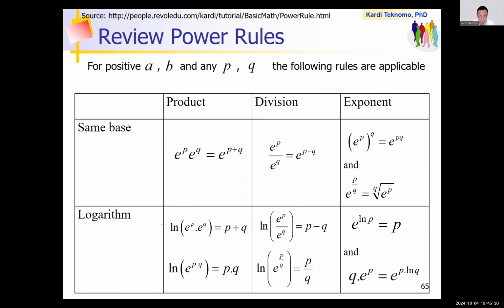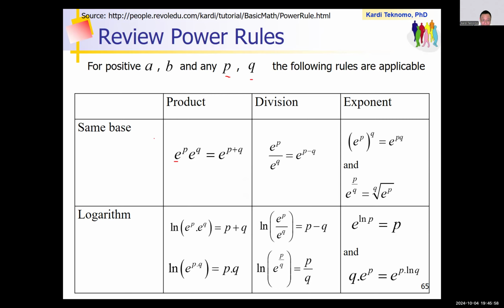This is probably something you learned in high school. This is the basic power rule. If you have positive a and b and any p and q, where e here is an exponent or Euler number, 2.718, a constant.